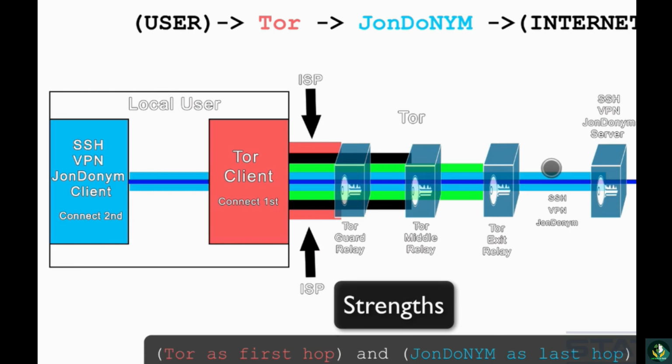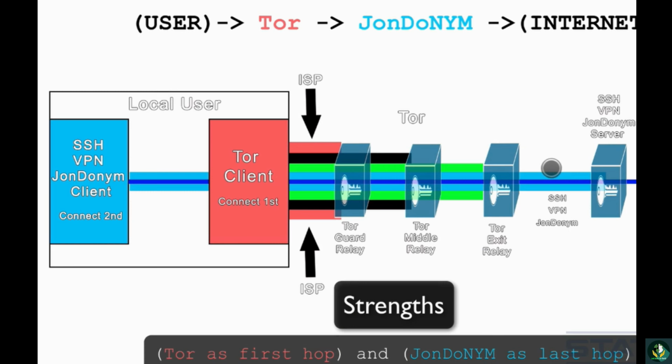After that, the user goes through SSH, VPN, Jondonym, then Tor and internet.onion, your desired target. So here SSH, VPN, and Jondonym are the first hop and Tor is the last hop. Now let's talk about Tor as the first hop and SSH, VPN, or Jondonym as the last hop.